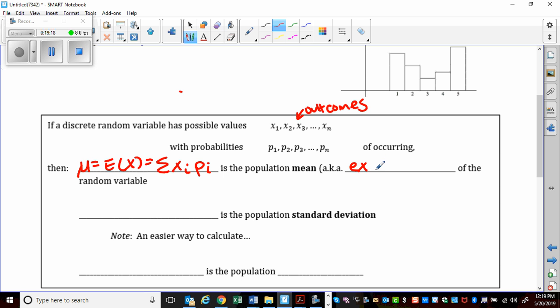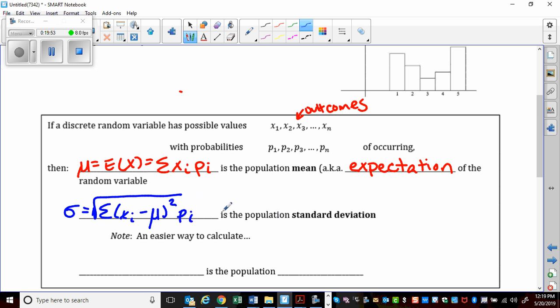It's kind of redundant, expectation of this random variable. The formula for the standard deviation is going to be the square root of the sum of x sub i minus the mean, squared, and then times the probability sub i.